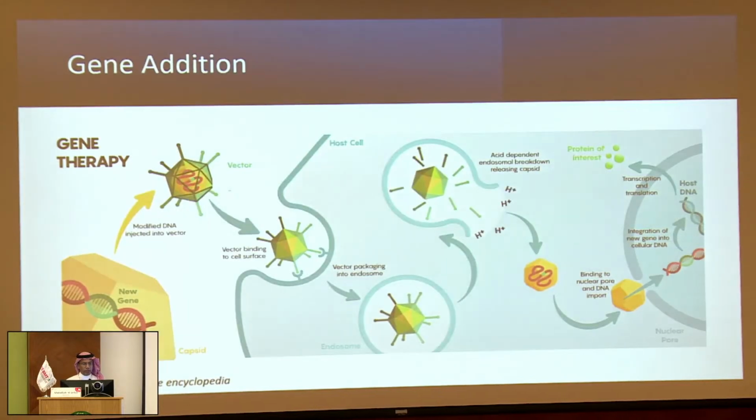So what is gene addition? Gene addition basically is to utilize the lentivirus as a vehicle when you introduce the desired modified gene into that vehicle, and this virus will be internalized in the cells, packaged in the endosome, and the gene or the genetic material will be released once it incorporates into the genome.